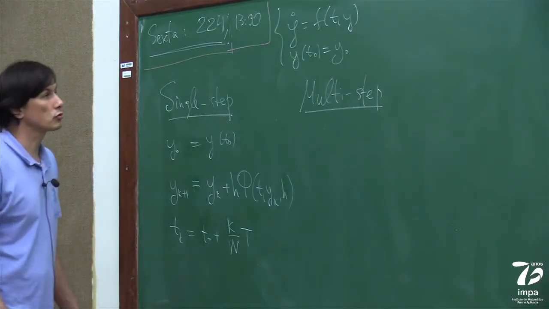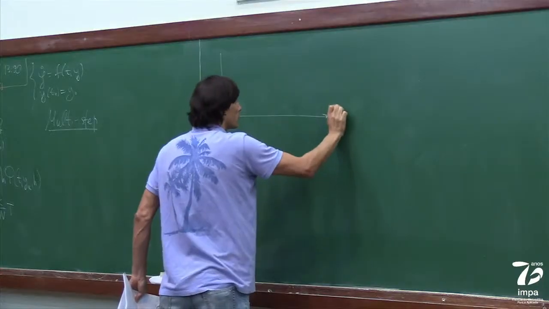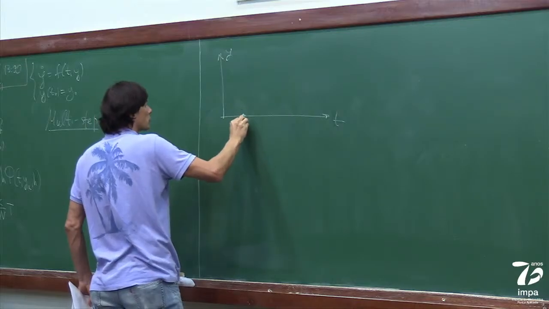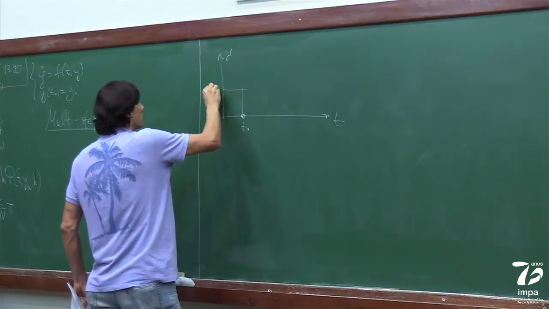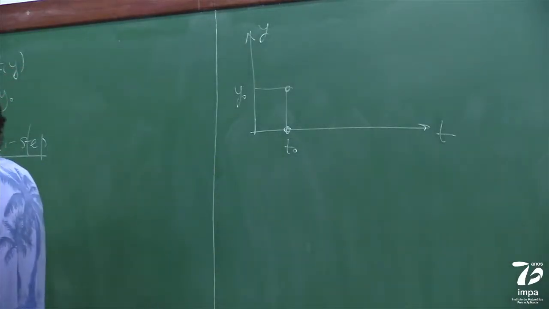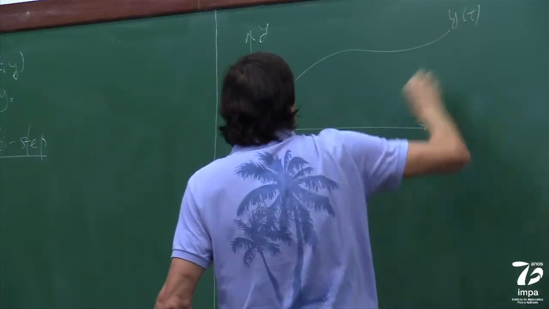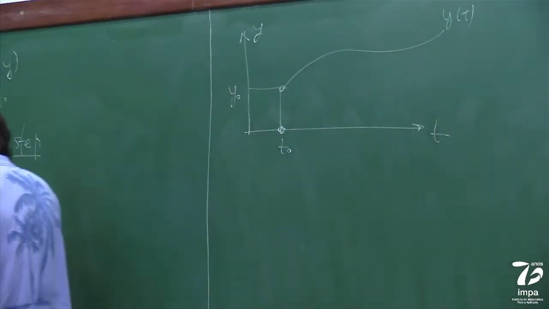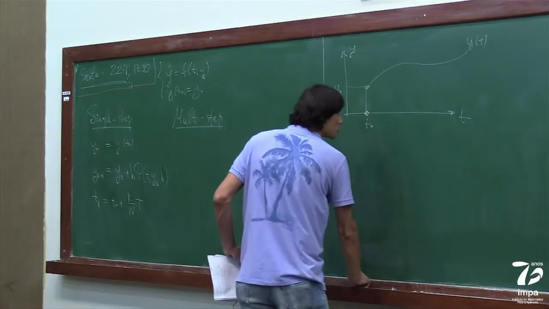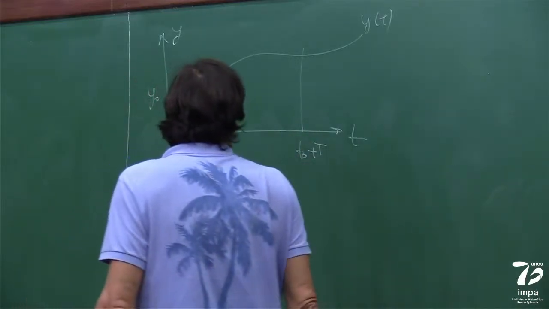Essentially, you start with a certain time at a certain position, and you want to find a solution at a certain time, t0 plus t.